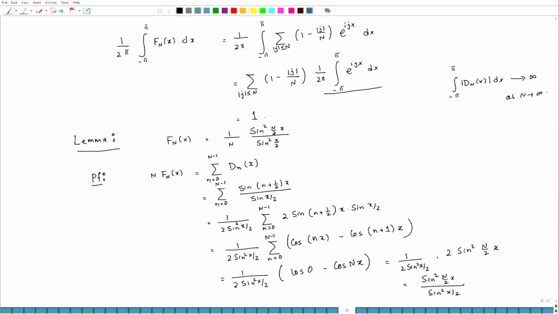and this is for x not equal to 0 and x in minus pi to pi. There is no other point where sine square x by 2 is going to be 0 except at x equal to 0, because x by 2 is going to lie in minus pi by 2 to pi by 2. So, that is good.